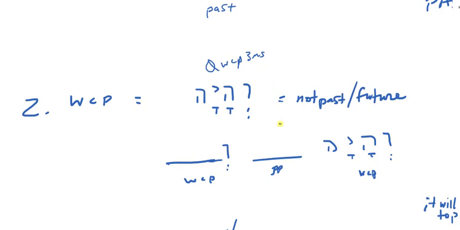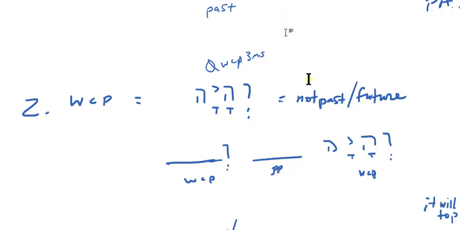And this is just setting up a non-past or future context. So I'll have the same sort of situation. Instead of Vayhi, past time, I'll have Vehaya, future time, some prepositional phrase following, then a WCP form of an actual verb telling me what will happen in that time frame. Okay? So let's look at an example here.